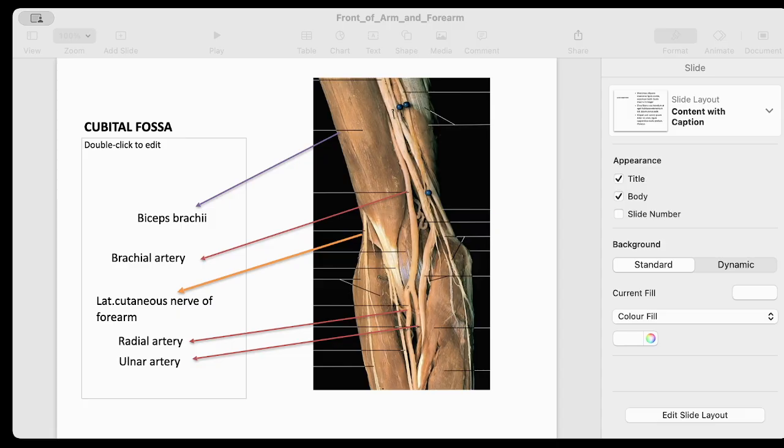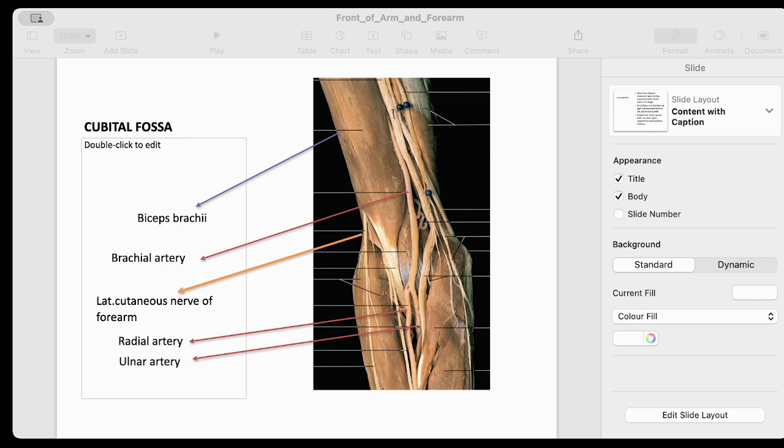Next, the origin we have already studied. It is the common origin, that is the medial epicondyle. Pronator teres actually has 2 heads: the humeral head is at the medial epicondyle and the ulnar head is at the coronoid process. Next, coming to the insertion.